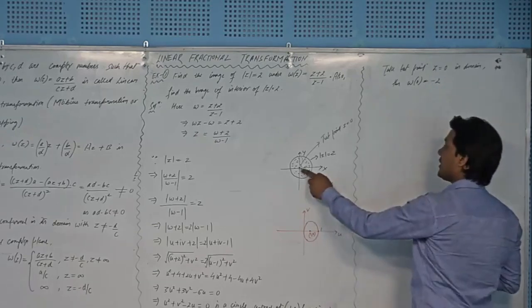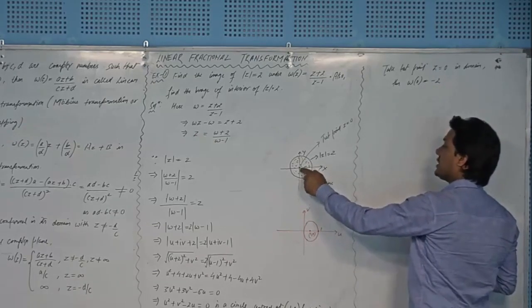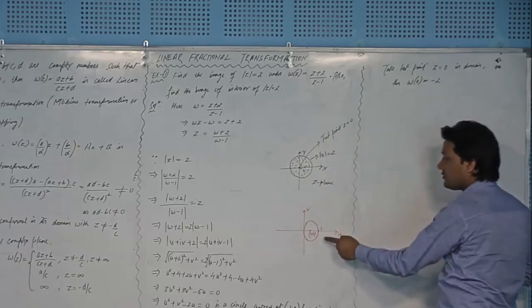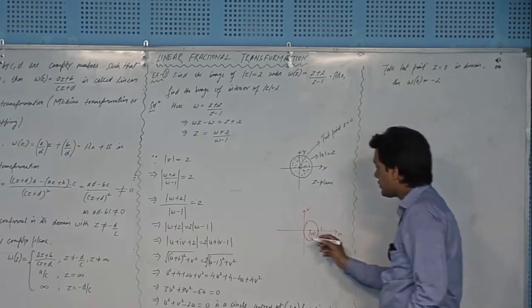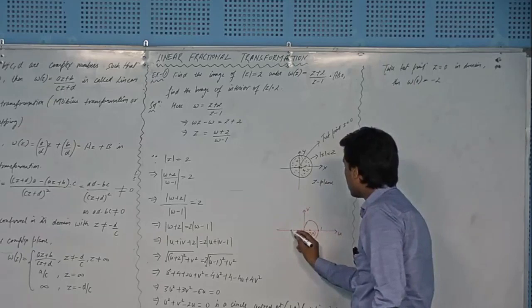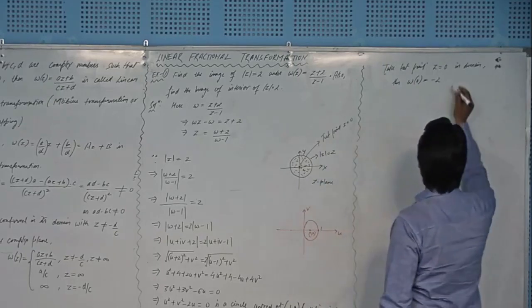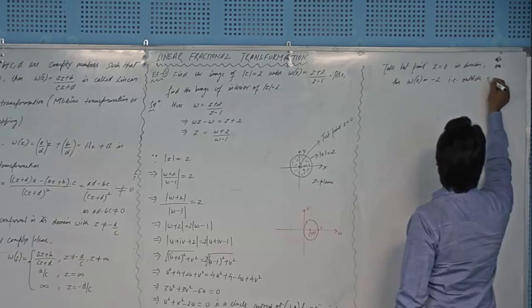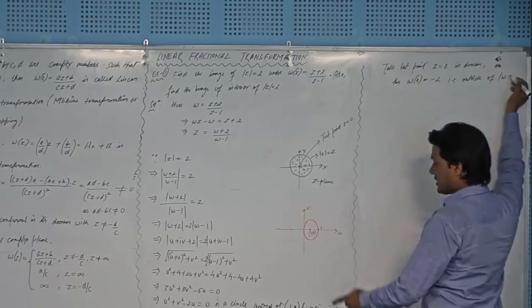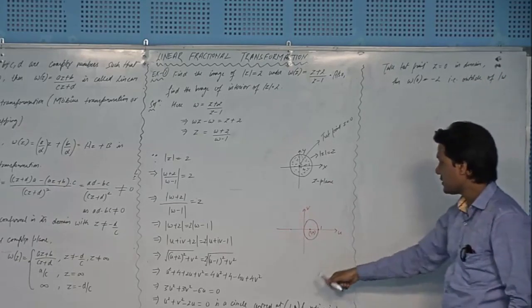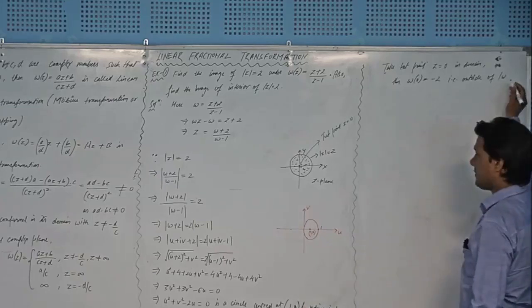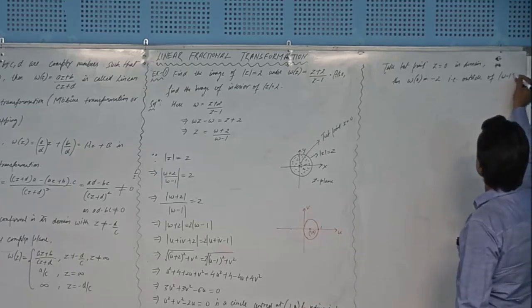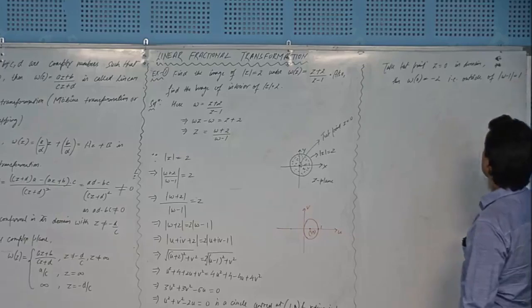So this test point belonging to the inside of this circle is actually mapped to the outside of the image circle. Where is -2? -2 should be here, right? Outside. What is that circle? That circle was centered at 1, with radius 1.